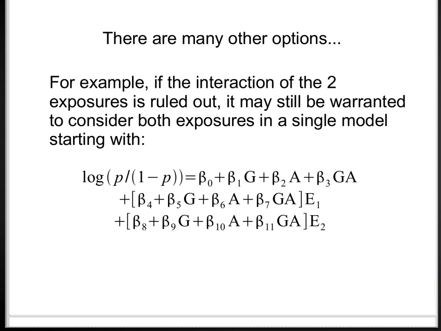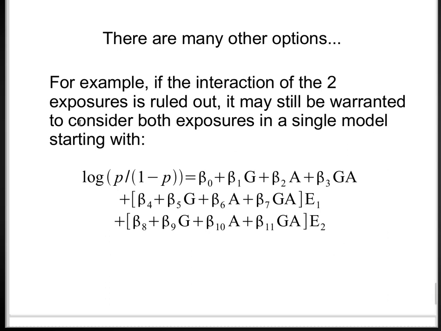One other point I'd like to make about this particular model we're looking at now, this one that involves 12 terms, is that it is structurally identical to another situation. In other words, we could have had a single exposure here with just 3 levels. Then the baseline level we might call E0, and then E1 represents the intermediate level of exposure, and E2 perhaps the largest level of exposure.